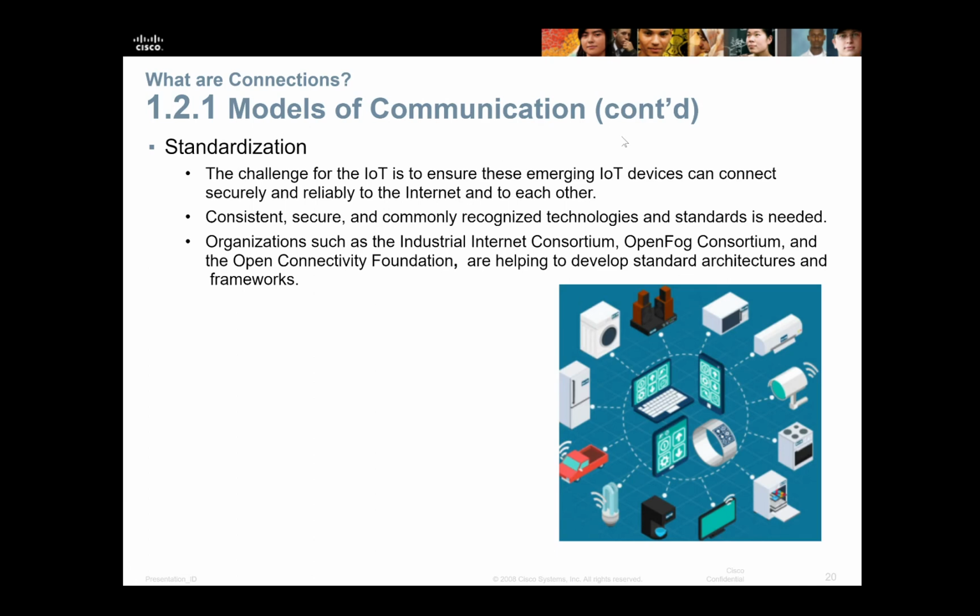Okay, standardization. This is the biggest challenge right now. The standardization is quite wild since every single big manufacturer wants you to buy their stuff.